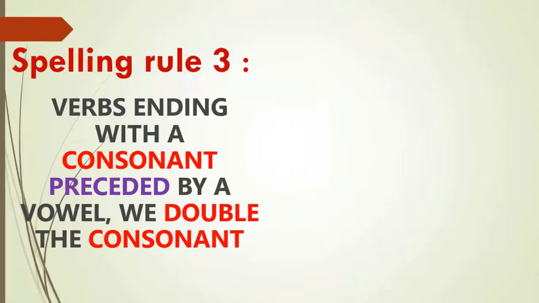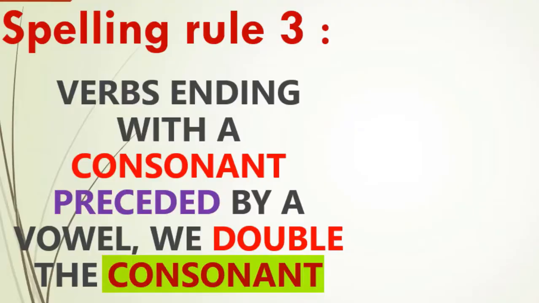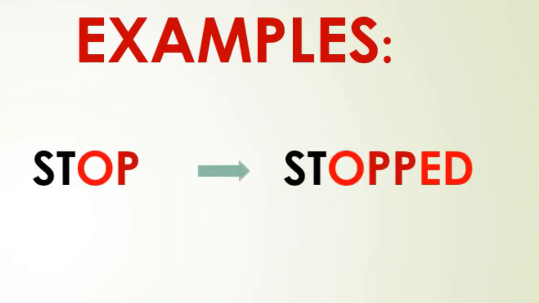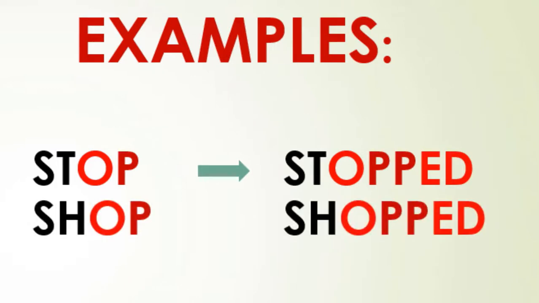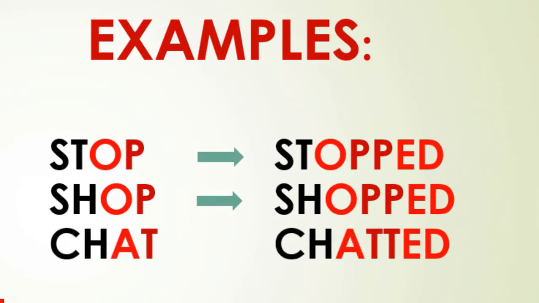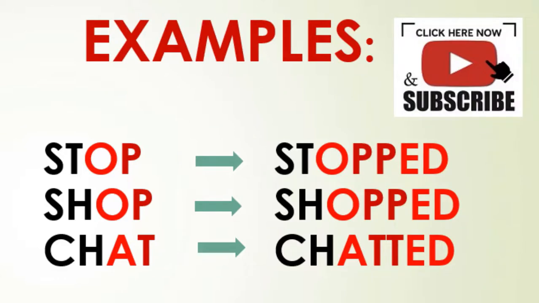Spelling rule 3. Verbs ending with a consonant preceded by a vowel, we double the consonant. For example, stop, stopped, shop, shopped, chat, chatted. So in the first example, stop, the last letter is P, which is a consonant, and it's preceded by a vowel, which means before it we have a vowel O, so we double the P and we add ED.